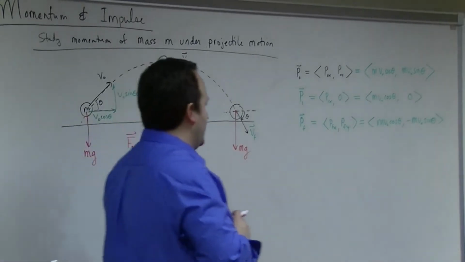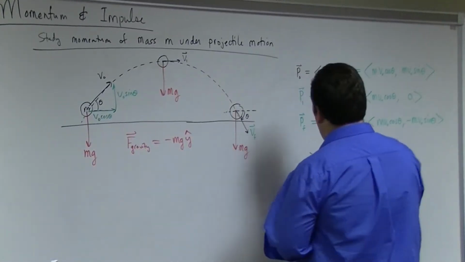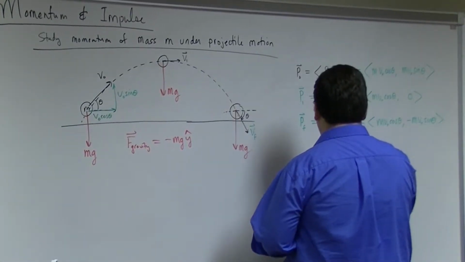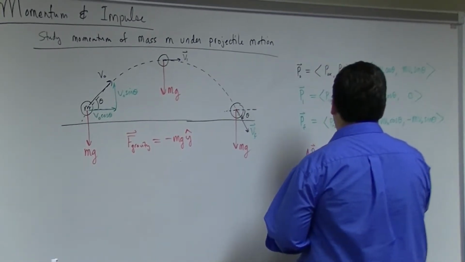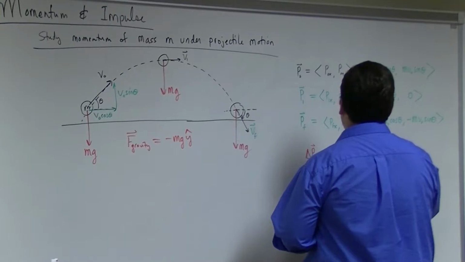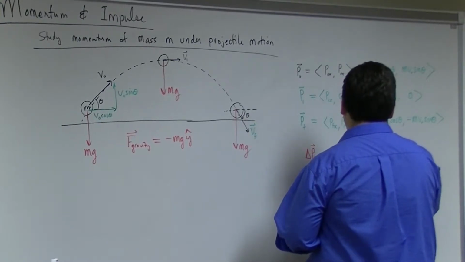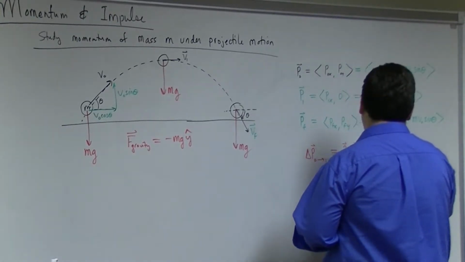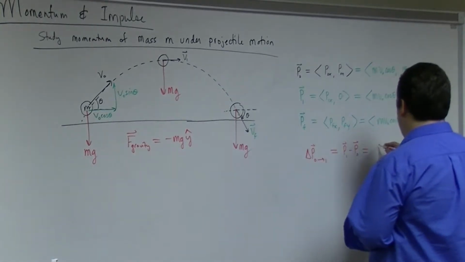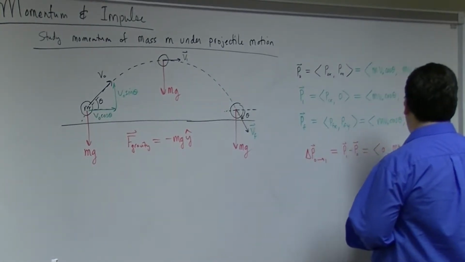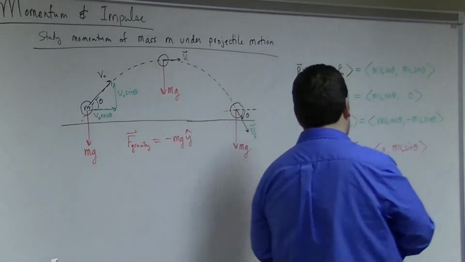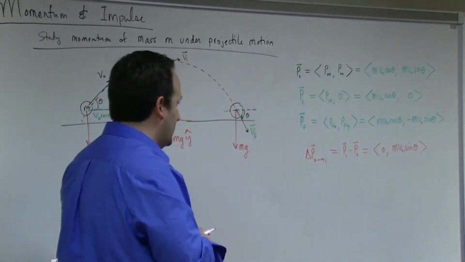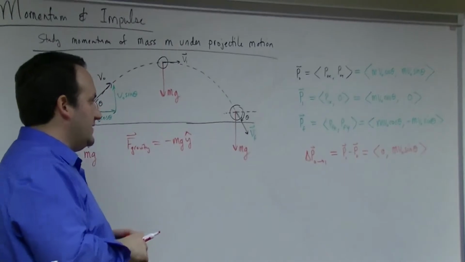So what happens if I look at the change in momentum from time 0 to time 1? Well, I'm telling you it's P1 minus P0, which is what? 0, comma, m v naught sine theta, right? Is that right?